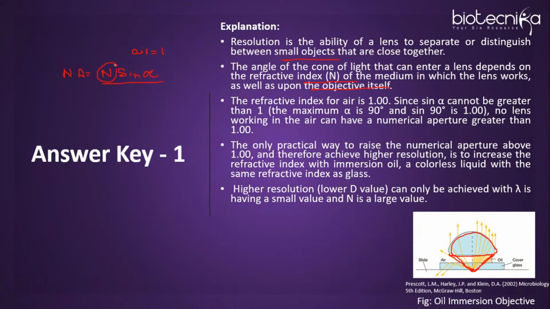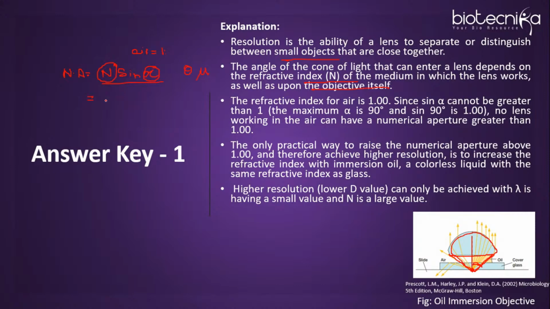So it depends upon the angle alpha and refractive index. Alpha is the maximum half angle of the cone of light. Some authors prefer to use theta or mu in place of alpha, so don't get confused if in the question theta or mu is given.